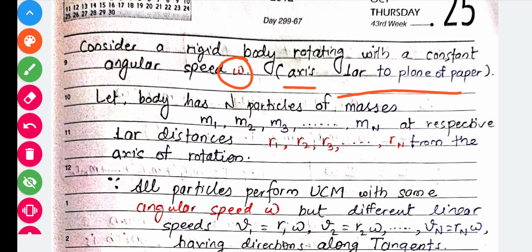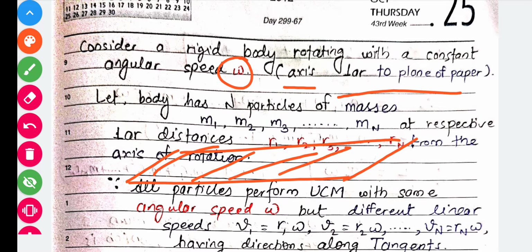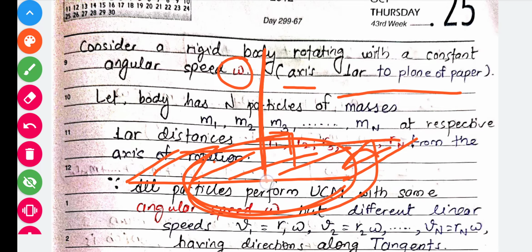As discussed earlier, suppose this paper is kept horizontally, and this line is perpendicular to the plane of paper. The paper rotates like this from here to here, and this is its axis of rotation, perpendicular to this plane.